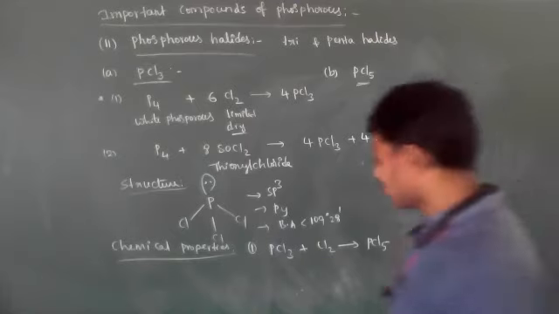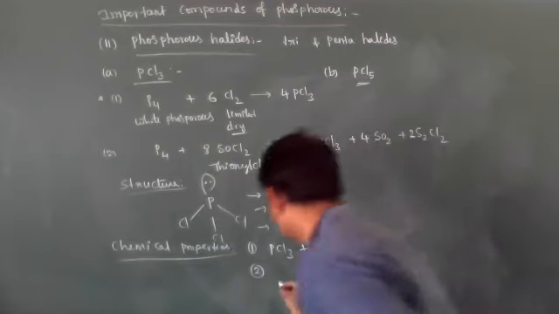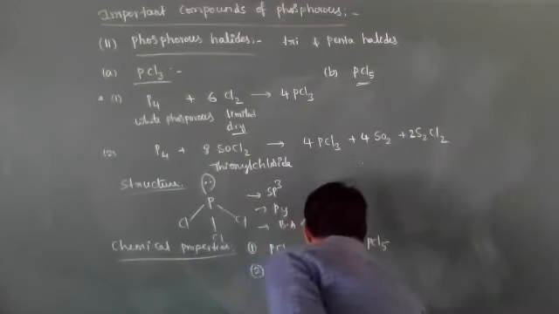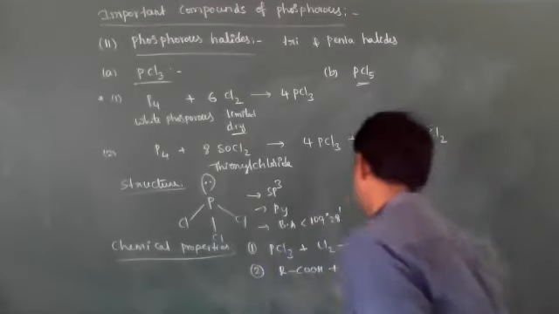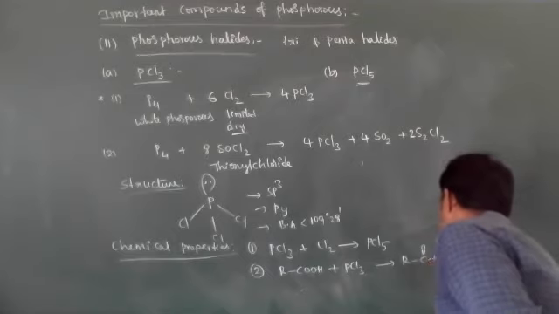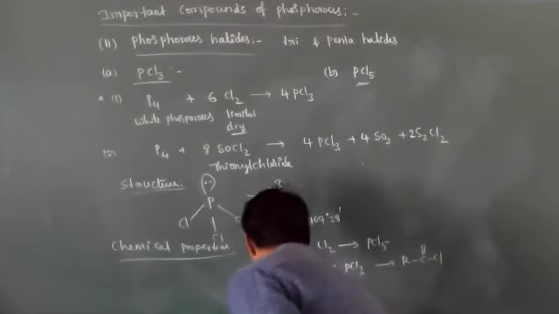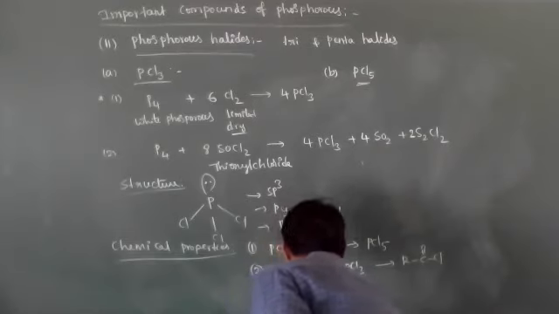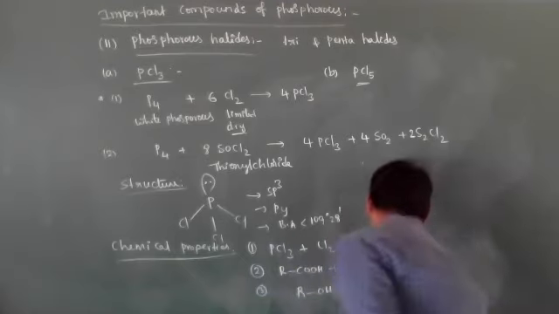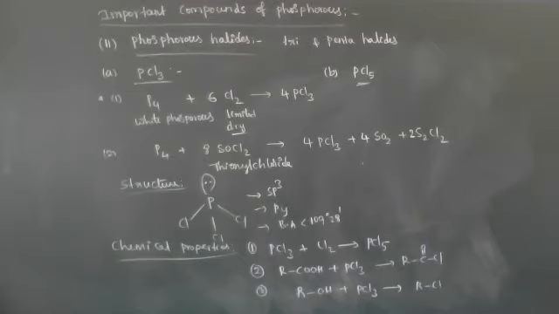It reacts with carboxylic acids, forming acid chlorides, and it reacts with alcohols, forming alkyl chlorides, RCl.